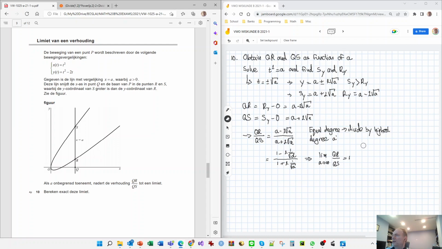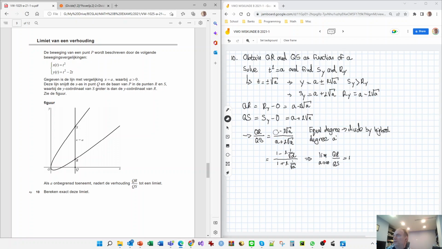And the slightly more formal way is, in case of polynomials of equal degree, you just divide by the variable to the highest degree, both denominator and numerator.